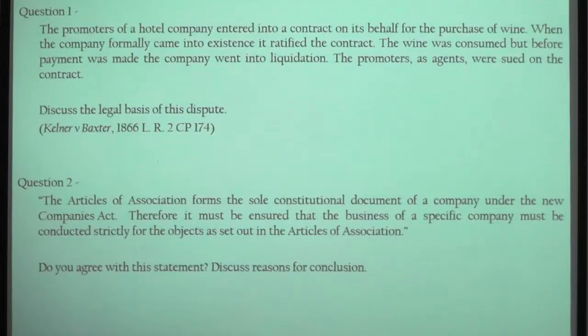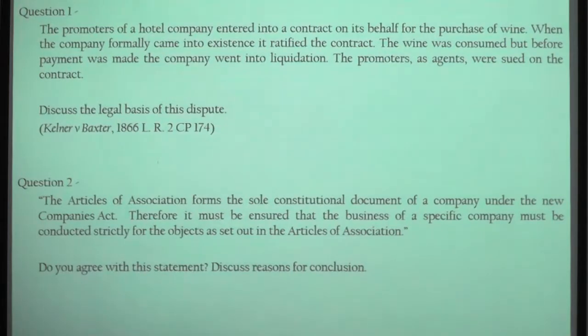So, the case of Ashbury Railway Carriage Company versus Riche is a classic example of this, that a company needs to stick to the Articles of Association. However, if the Articles of Association are quite general, where a company can do all and sundry matters of business affairs, that gives a much bigger scope for them to work within.